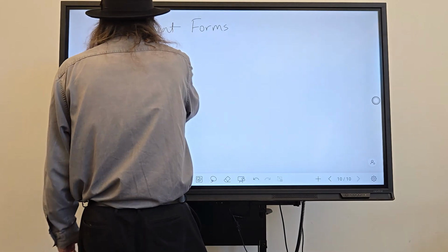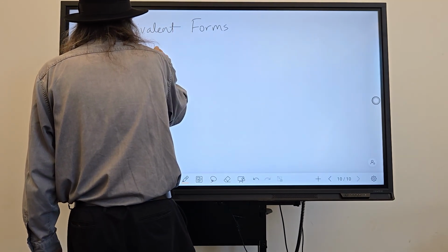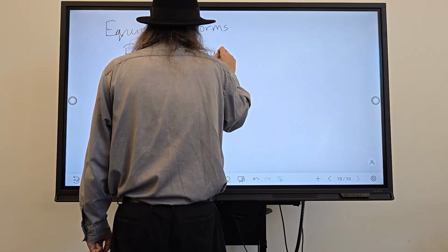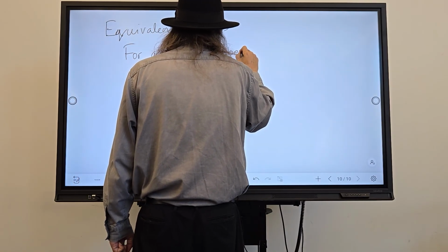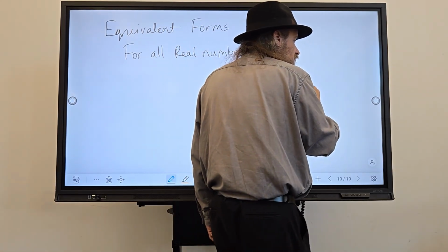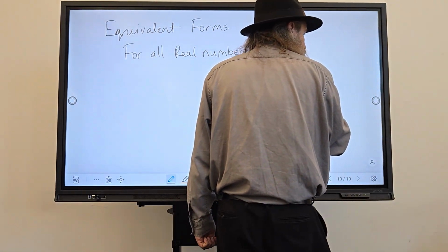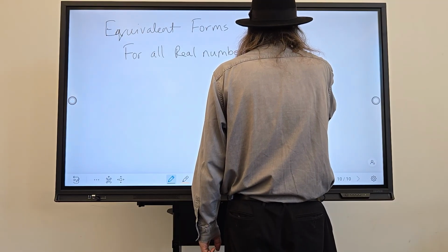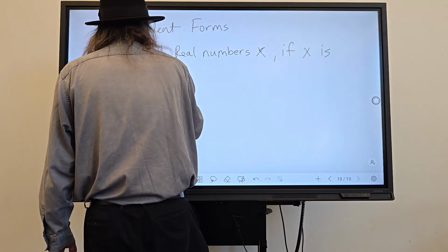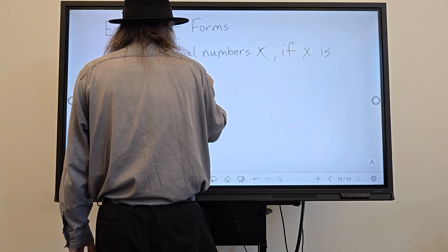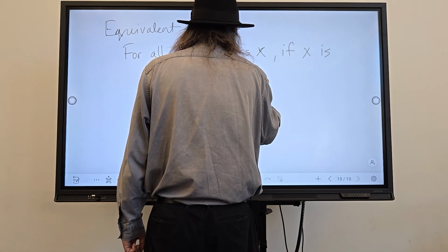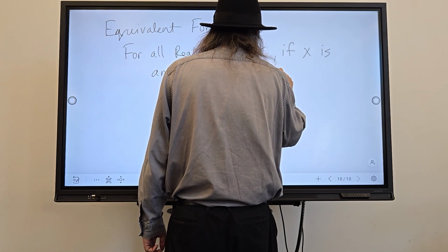For all real numbers x, if x is an integer, x is rational.